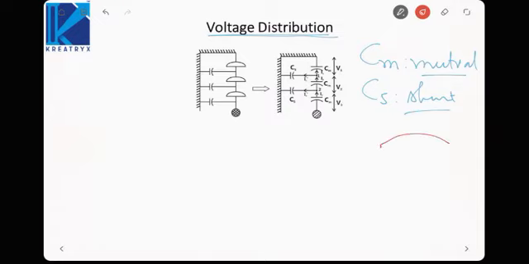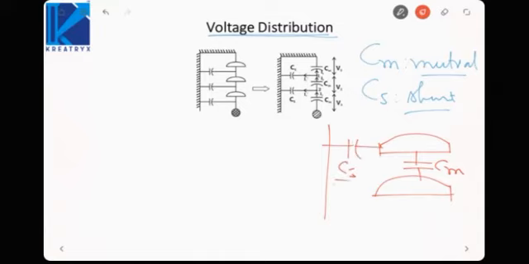Between two disks, if the disks act as plates, there will be a capacitance between them, which is called CM. And since a disk and the tower can also act as plates, there will be a shunt capacitance. So these two types of capacitance are defined based on the two possibilities in which the capacitance can be formed.